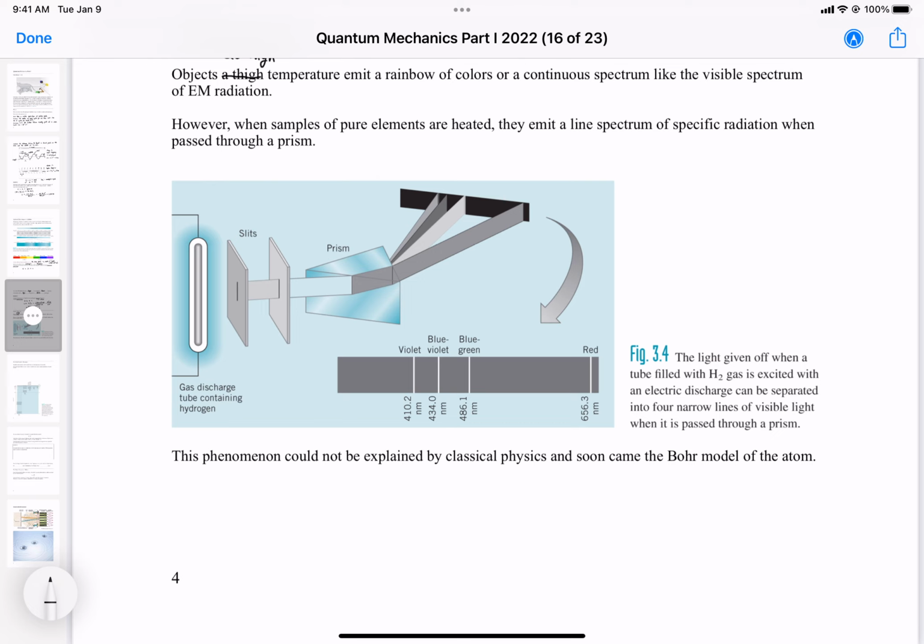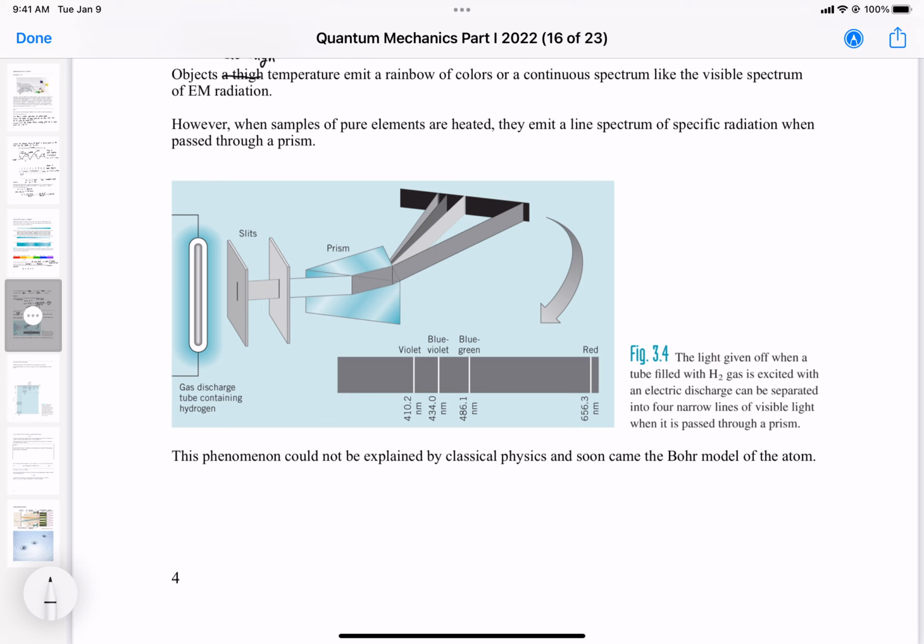Since the light is not continuous, these electrons must be housed in the atom in different energy levels. We'll go over that in the next video, okay?